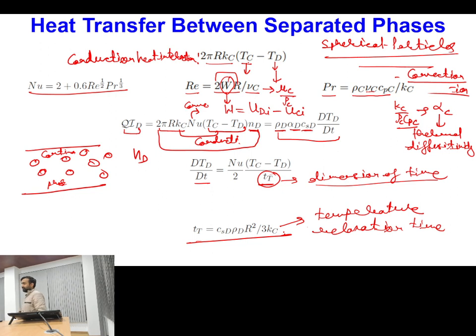Okay. So here, why we are saying that gradient is not present within the particle, like particle is almost at uniform temperature, because surrounding phase is gas, which is transferring heat. Convection rate of heat transfer is low in comparison to the rate of conduction heat transfer within the particle. So because of that, this is nothing but a low Biot number flow. Okay. Is this part clear?